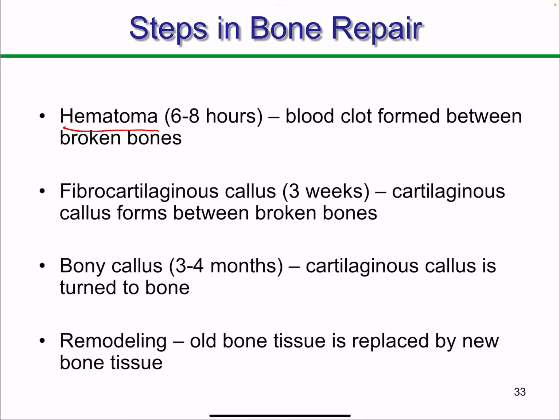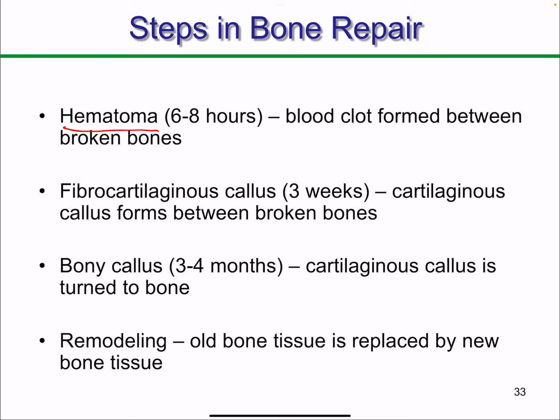Okay? That hematoma forms within 6 to 8 hours of the fracture. That hematoma is basically going to consist of a big blood clot that forms in the area where the fracture occurred.